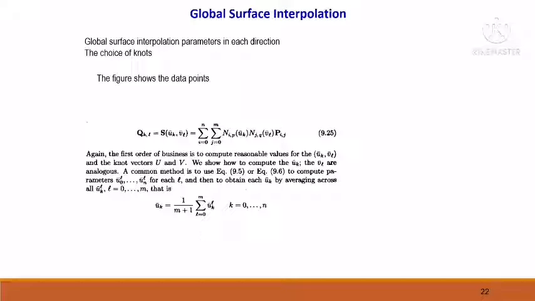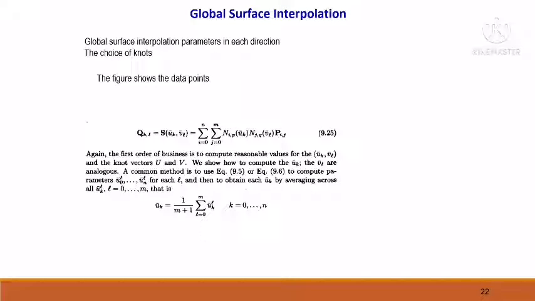This qkl is formed by using a function of u_k and v_l, and this is the summation of all the inputs given here. Again, the first order of business is to compute reasonable values for uk and vl, and the knot vectors u and v.